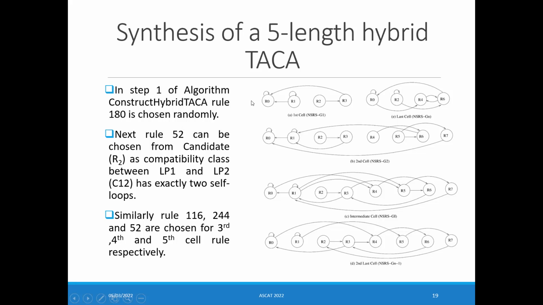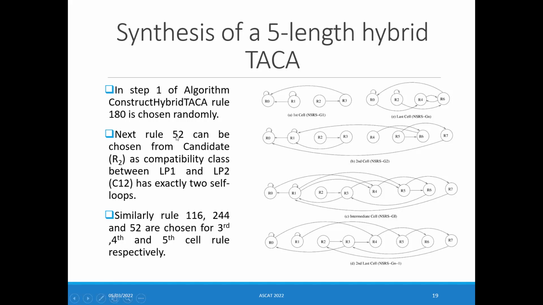As we can see, in the first cell there is a self-loop in R0 and R1. In the second cell, there is also a self-loop in R0 and R1. So R0, R1 is compatible. Similarly, R0 and R0 are also compatible. So there are exactly two members in the compatibility class.